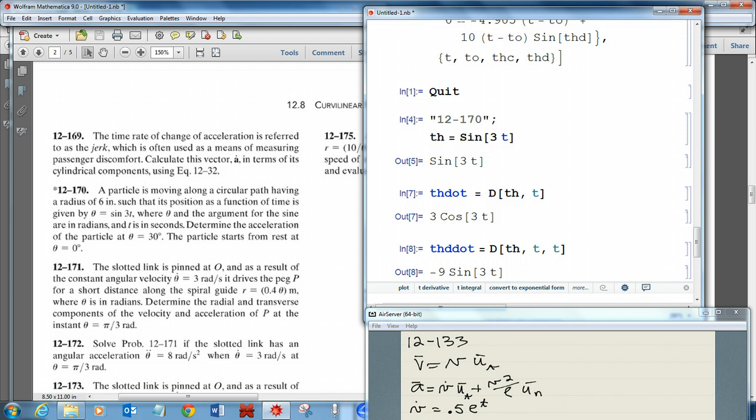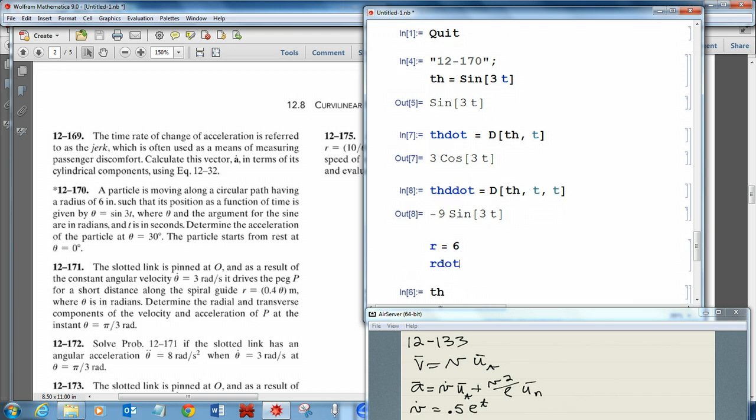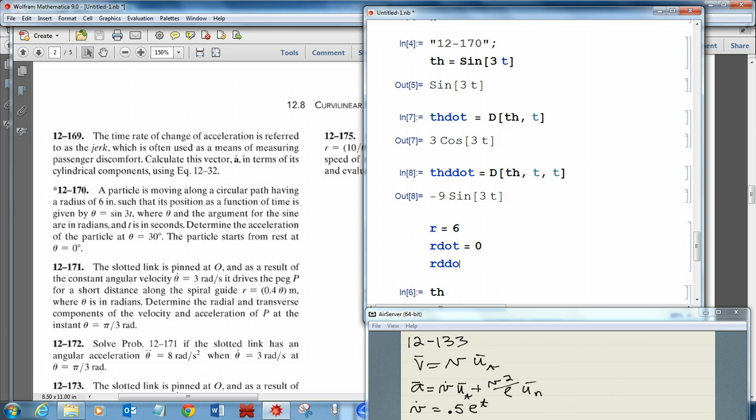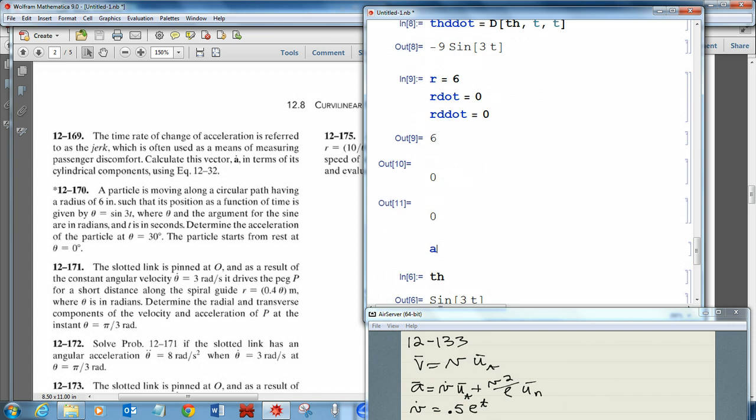So now you want acceleration. What's the acceleration? You remember the formula? R is 6, R dot was 0, and R double dot is 0. Acceleration in the R direction is R double dot minus R theta dot squared.